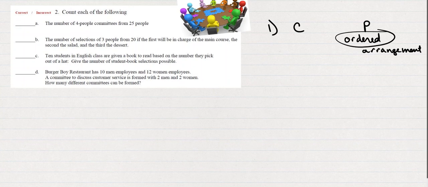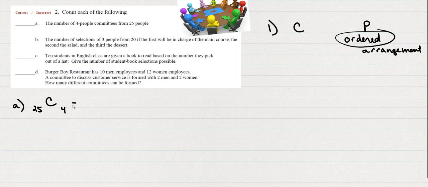No, it doesn't matter what order we choose the people when we're making a committee. Whether you're the first one chosen or the last one chosen, you're a member of the committee. So we have a combination, not a permutation, of 25 people selected 4 at a time.